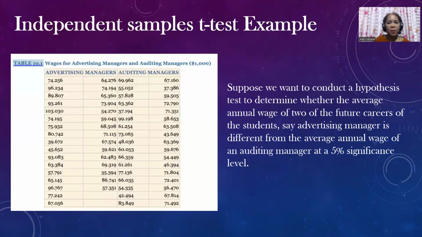Okay, so here's an example. Suppose we want to conduct a hypothesis test to determine whether the average annual wage of two of the future careers of the students, say advertising manager, is different from the average annual wage of an auditing manager at a 5% significance level.